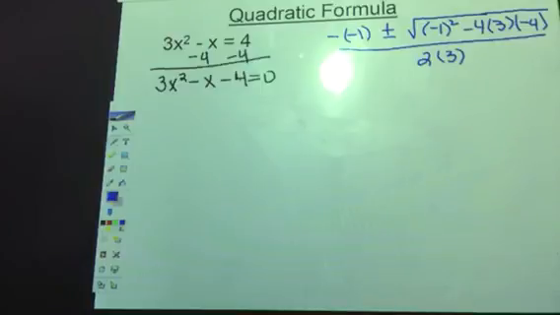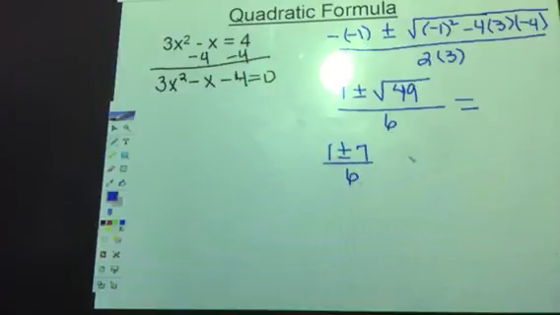Okay? Two negatives, let's simplify. Two negatives will equal a positive. Plus or minus, put that in your calculator, and you should get the square root of 49, all over 6. Okay? The square root of 49 is 7.